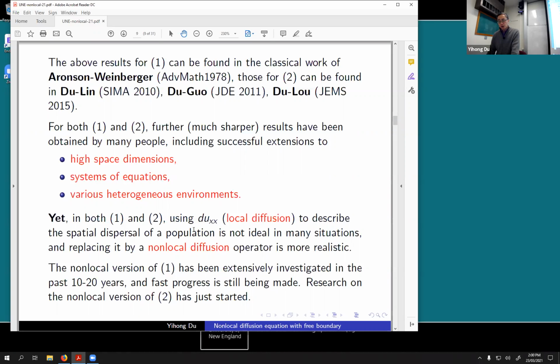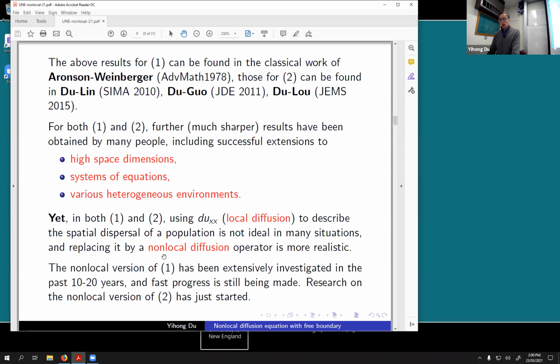But here I want to stress that in all these extensions mentioned here, the dispersal is described by local diffusion, random diffusion. And in many situations, especially ecological situations, this is not ideal.